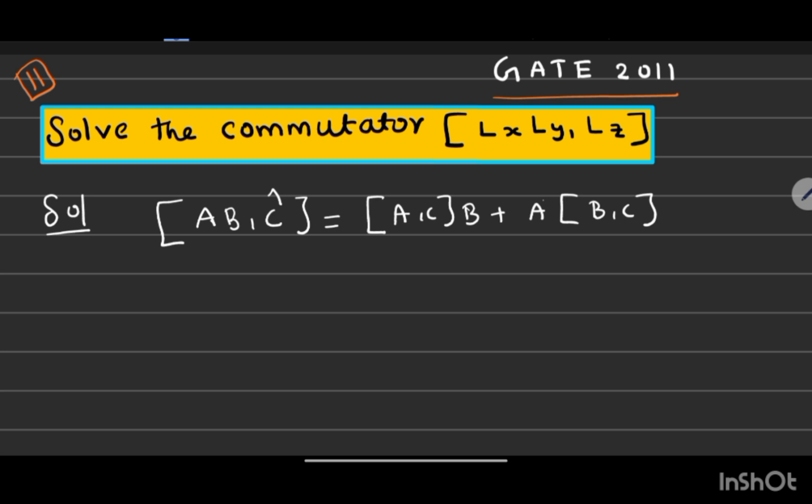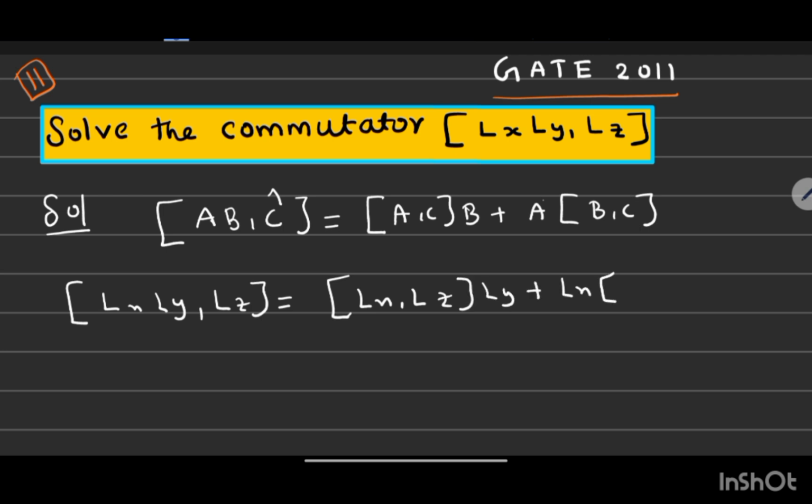Applying this to the given commutation relation, one will get Lx, Lz times Ly plus Lx times Ly, Lz.